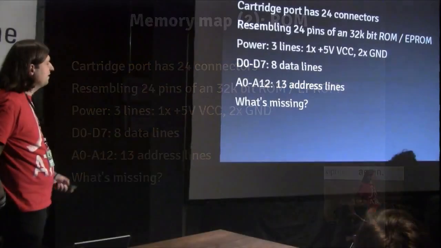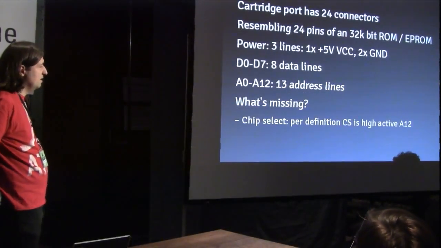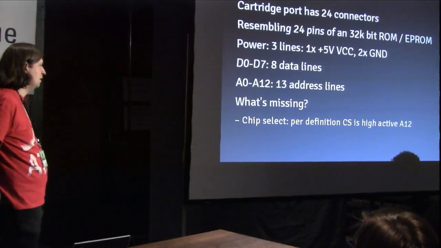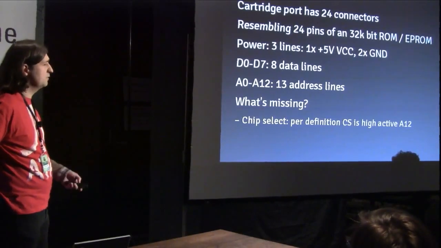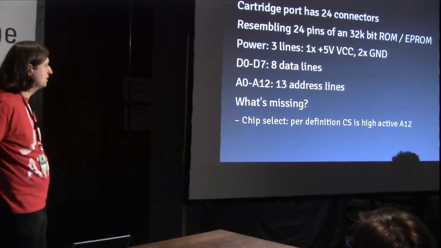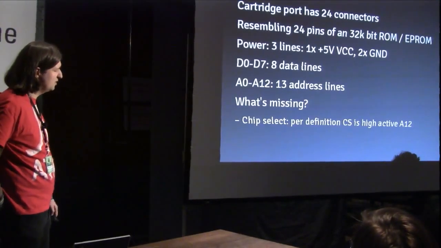Is there something missing? I think there is. First of all, there is no chip select line. During the definition of the 2600, it was defined that A12 is high active, so that they can just use the address bus to address the chip select.